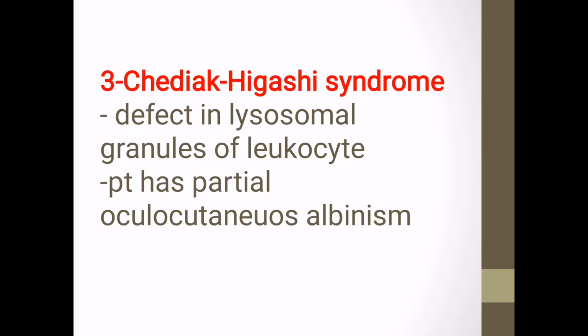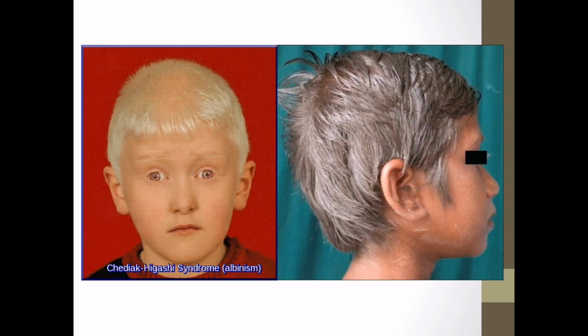Usually the patient has partial oculocutaneous albinism, which means loss of melanin from the eyes, skin, and hair. Okay, so this is Chediak-Higashi syndrome.